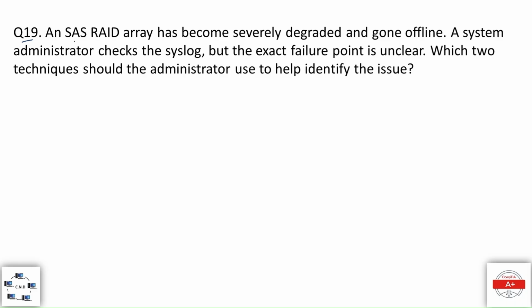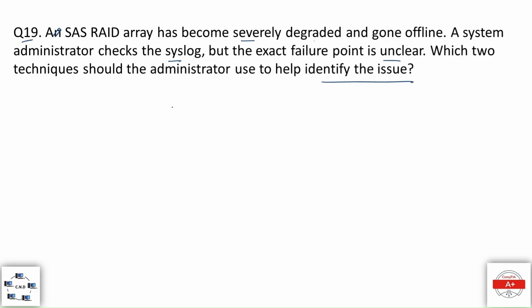A SAS RAID has become severely degraded and gone offline. A system administrator checks the syslog, but the exact failure point is unclear. Which two techniques should the administrator use to help identify the issue?